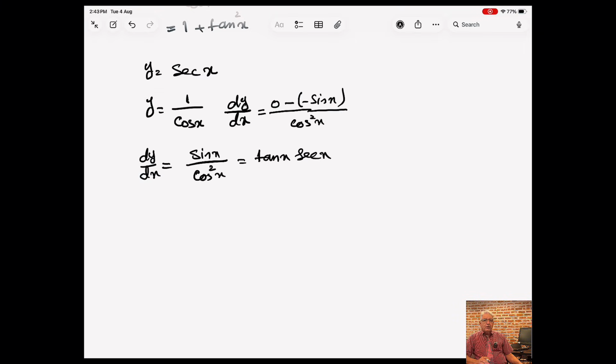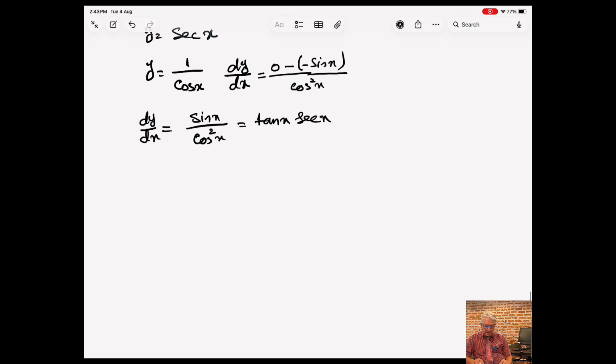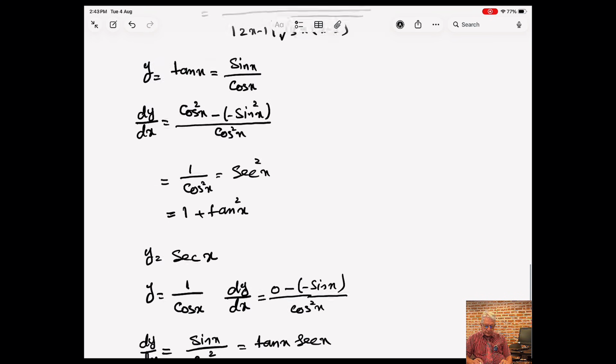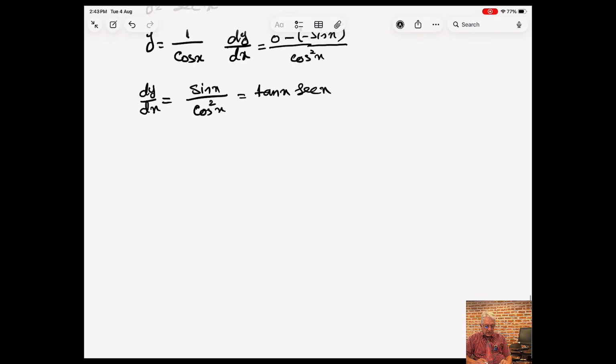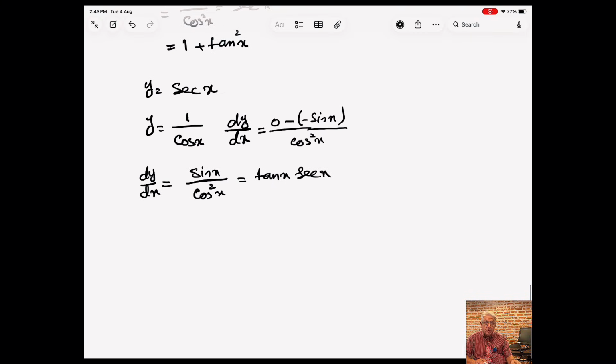Exactly for this, you can go for cosec, that is 1 over sine x, exactly the same method you can do. You are getting negative cot x cosec x, and you can do that by yourself as a practice. So these are the derivatives of these trigonometric functions and their inverses.